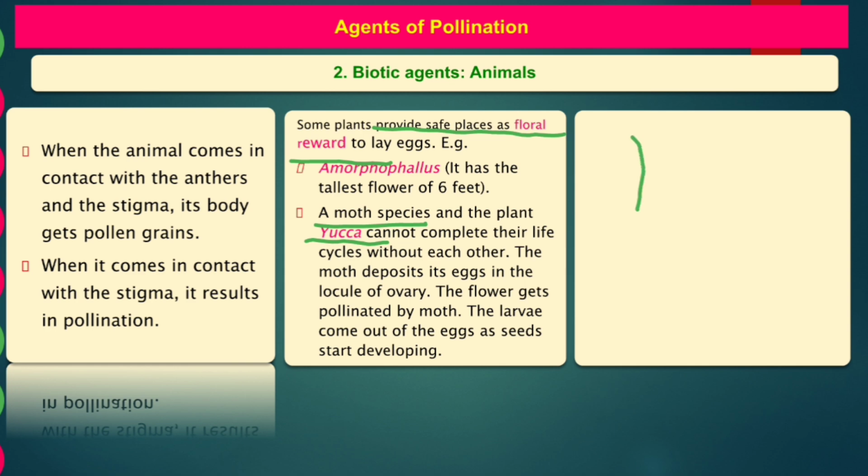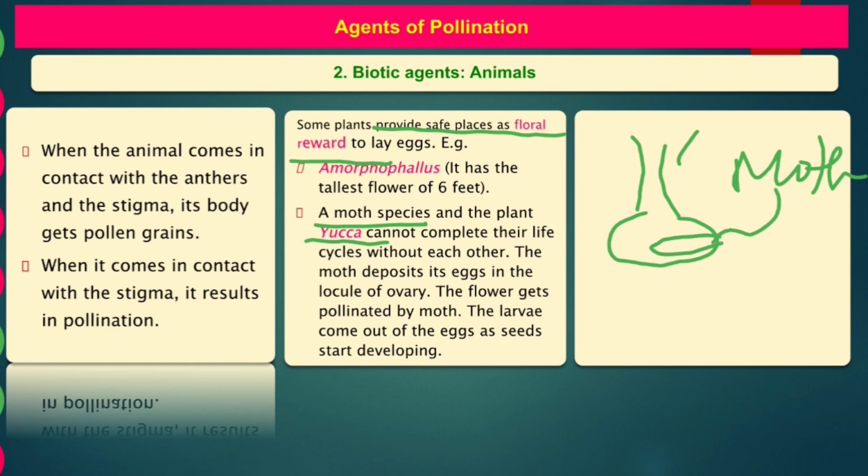Suppose you have the ovary like this. Now this moth, what does it do? It will lay its eggs on the ovary of the flower. So here the plant is providing a floral reward to lay eggs.